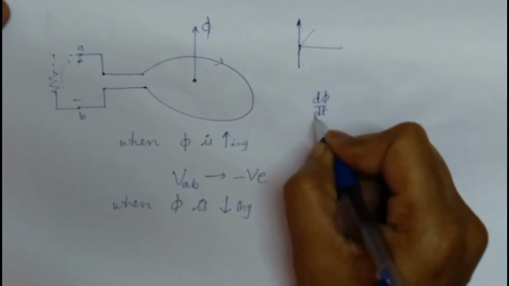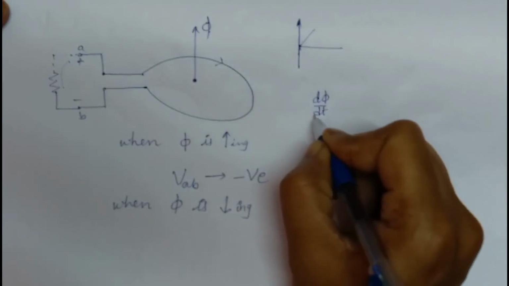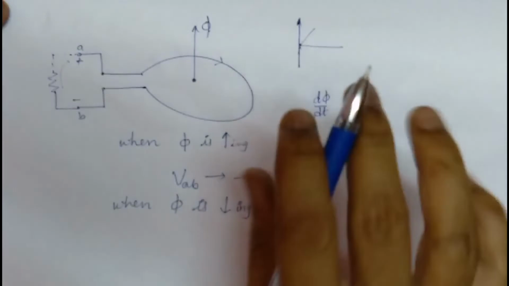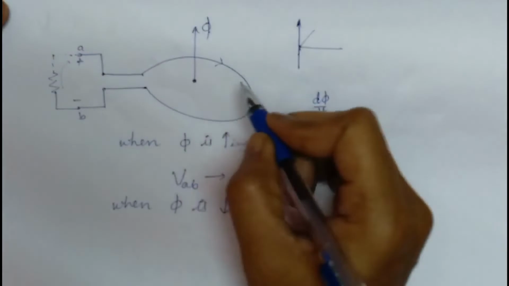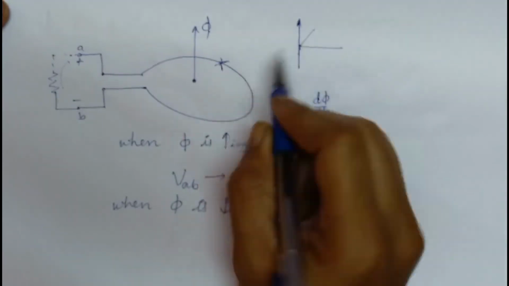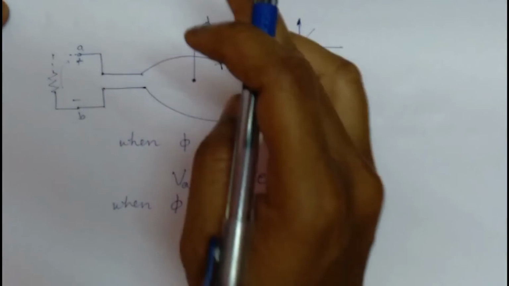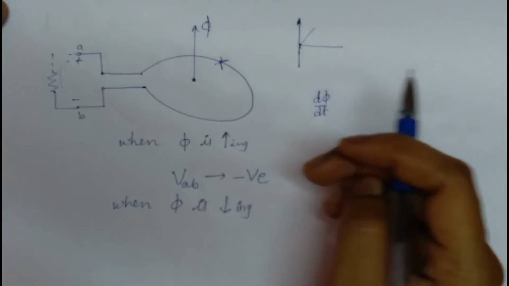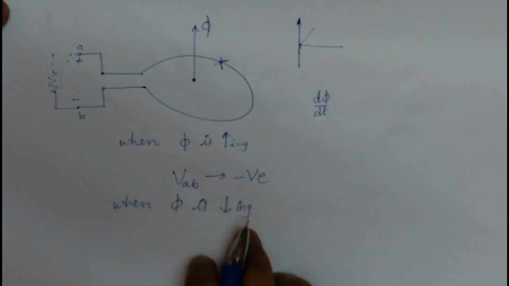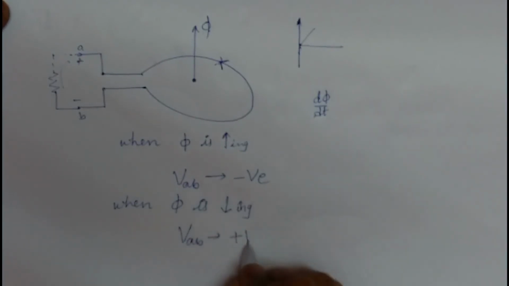Whatever the cause of the induced EMF, the induced EMF should oppose that cause. So my current should be in this direction, such that flux is upwards, and that decrease in flux is opposed. So when phi is decreasing, my VAB should be positive.